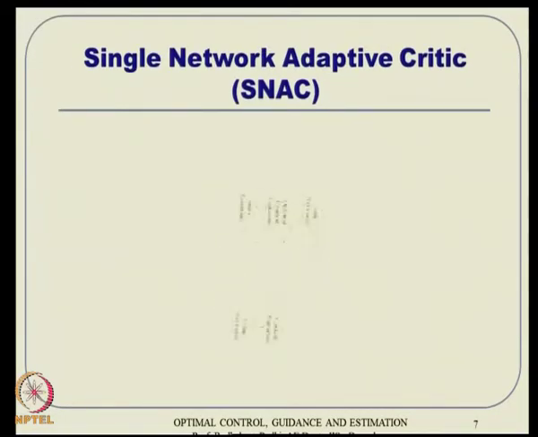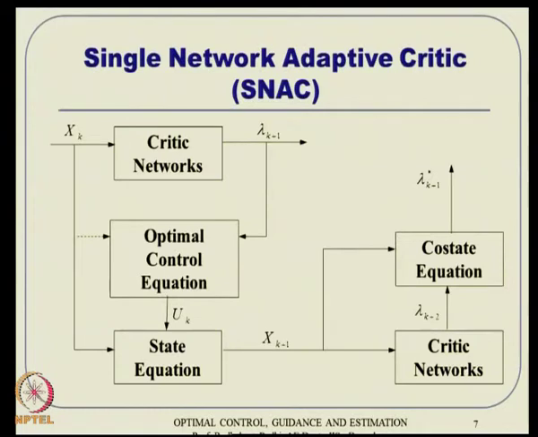Then the whole idea of single network adaptive critique is something like this. We have this x_k, you have a critique network, you have to get lambda_{k+1}, but obviously to begin with this is non-optimal. So, you have to get something like optimal lambda_{k+1} with respect to this x_k. Knowing this x_k and lambda_{k+1}, you can use that in the optimal control equation and get u_k.